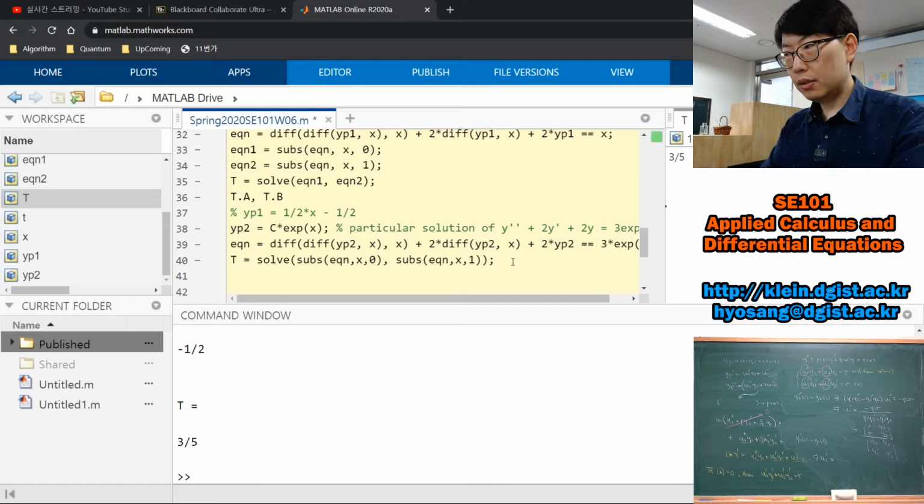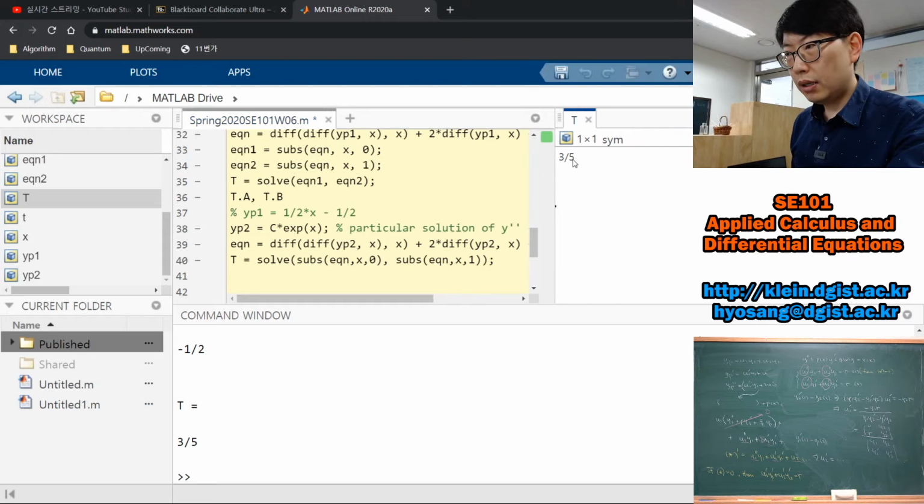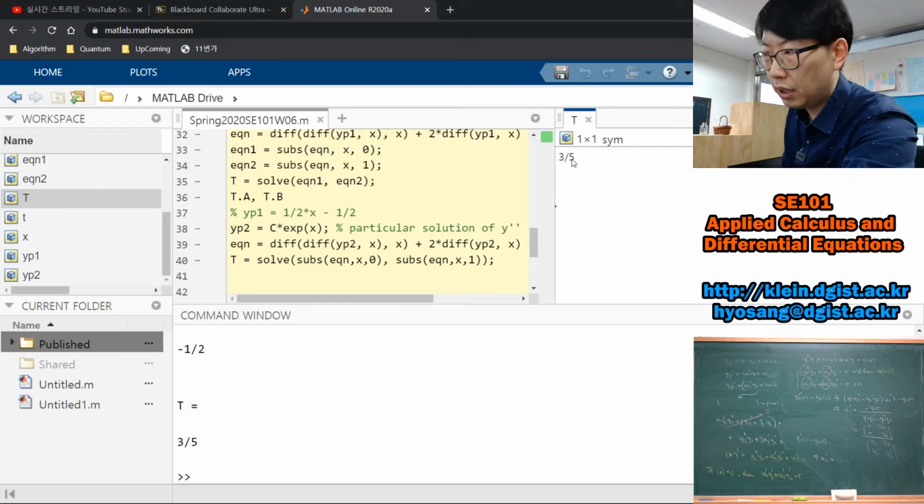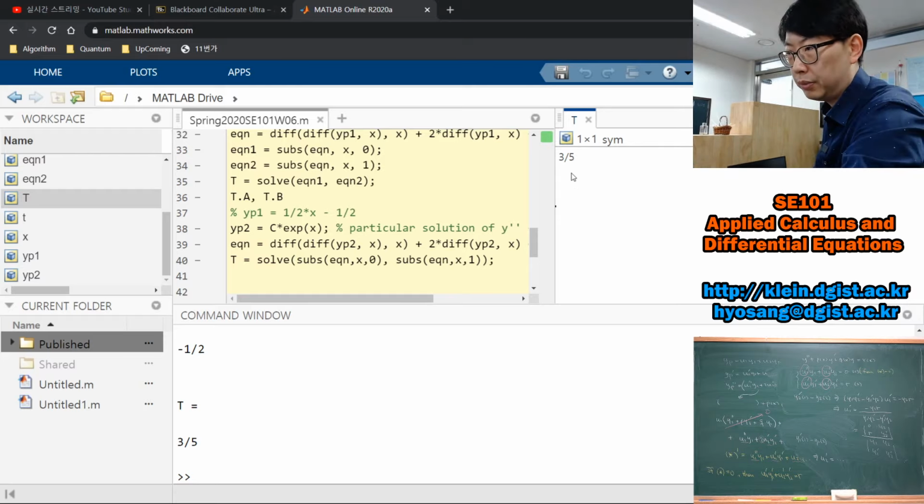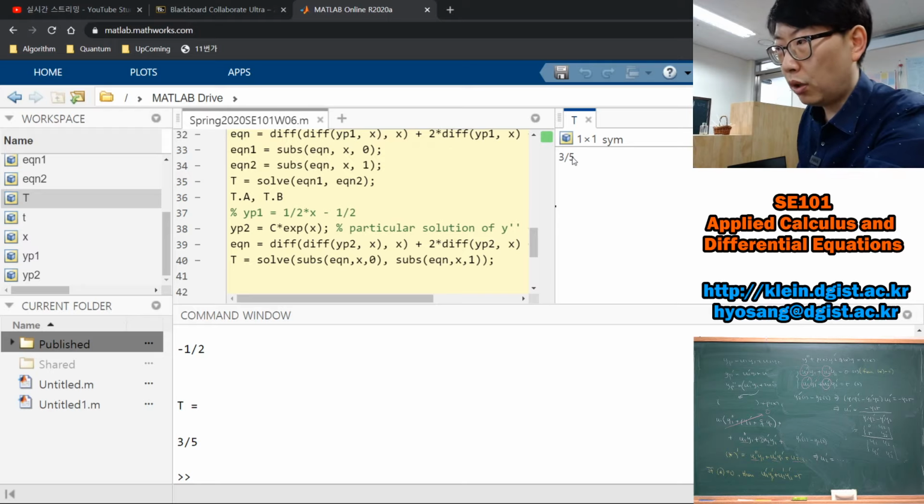And when you do this, now t has only one field, so there's no need to distinguish between multiple fields because there's only one. It only contains a symbolic value, which is 3 over 5.